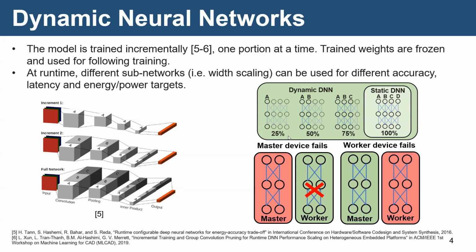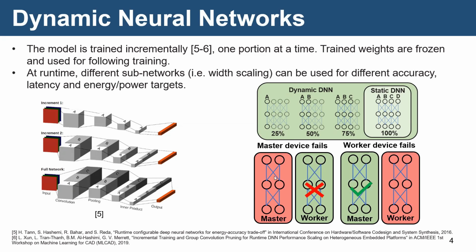However, if the worker device fails, because the master device holds the bottom 50% of the model weights, which are supported subnetworks from the dynamic DNN configurations, we can actually run the 50% model or even the 25% model for inference at reduced accuracy, but also reduced latency and energy and power consumption.